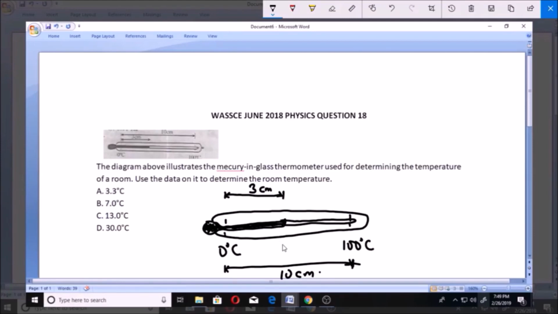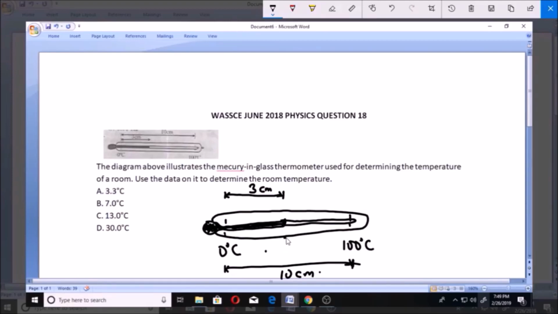So what is the room temperature? And we know that the room temperature is around 25 degrees Celsius. That's the standard room temperature. But if we are taking the measurement here, we have 3 cm, but the room temperature is supposed to be 25.